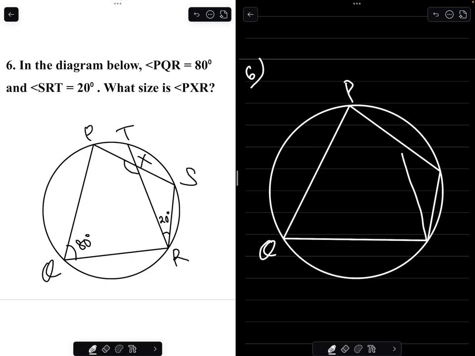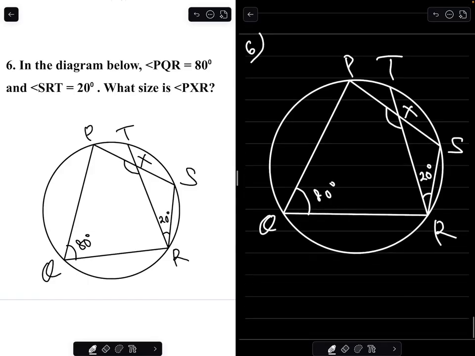Now, this is T, S, R, and this is X. We want to find this angle PXR. This angle is 20 degrees, and this angle is 80 degrees. Now, what size is angle PXR?